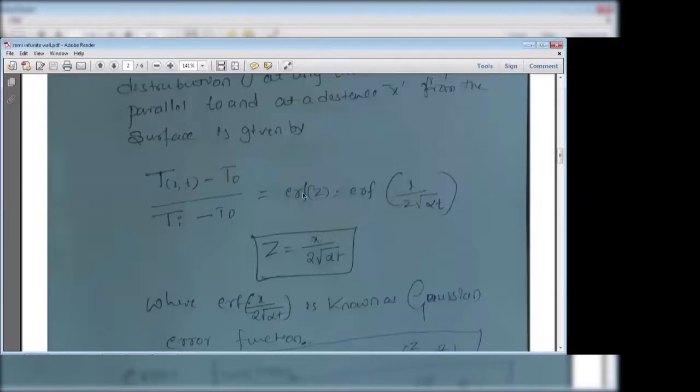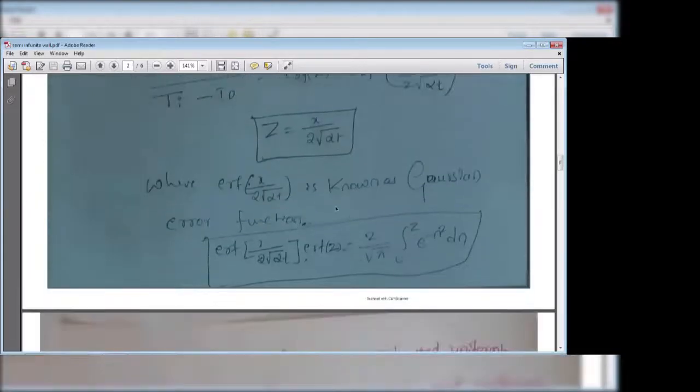Erf is the error function of z, and this is the z value. Erf z is known as the Gaussian error function. So this is the equation. 2 divided by root pi.